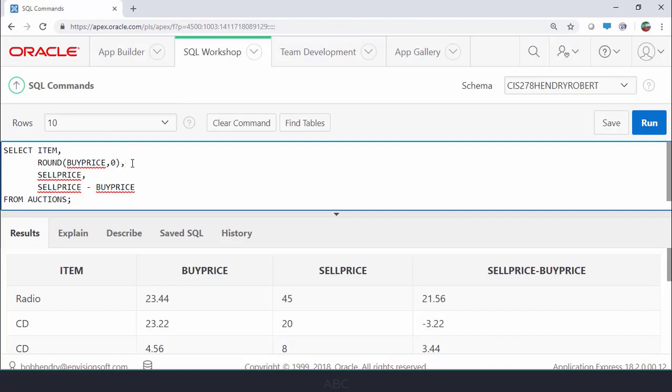Round buy price, and we can also round the sell price. And we can also do a round, I think this will work, the sell price minus the buy price, again to 0.